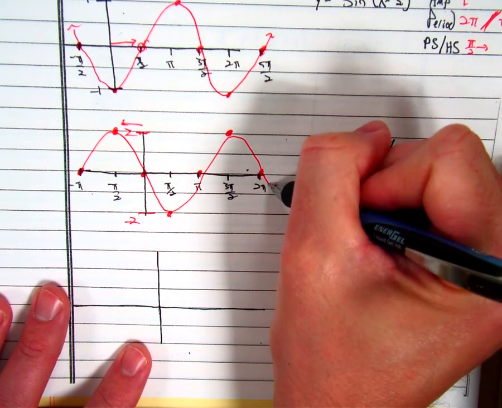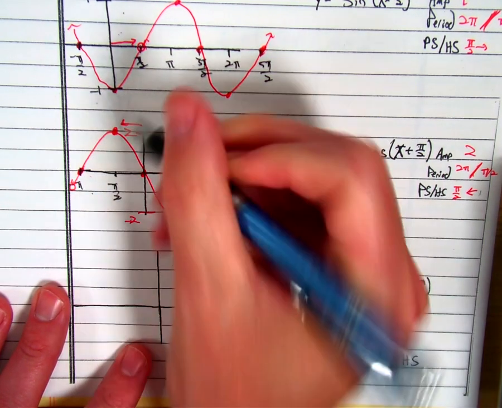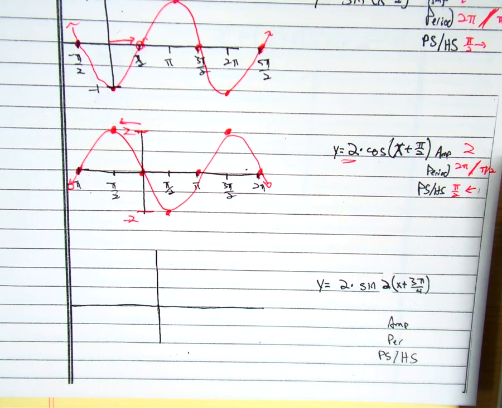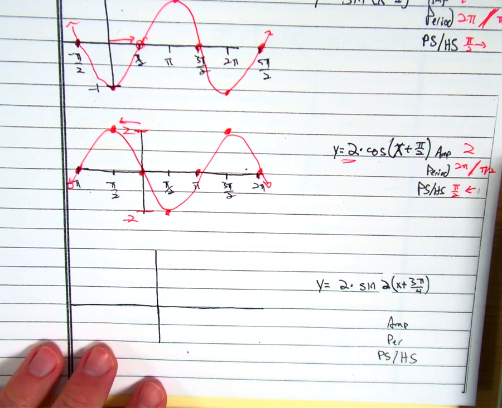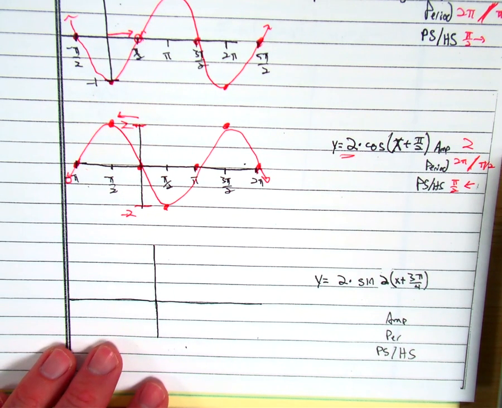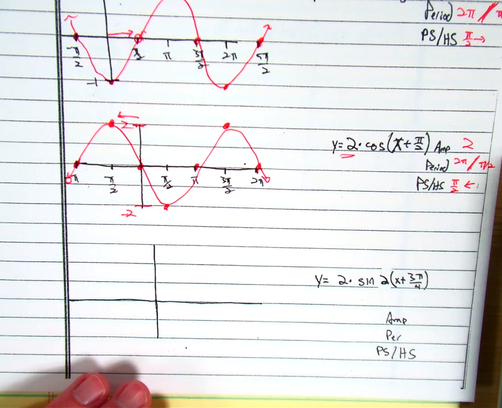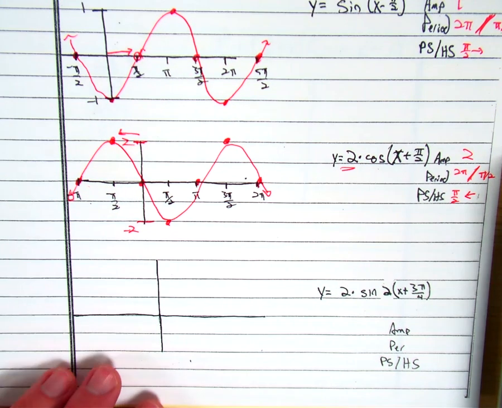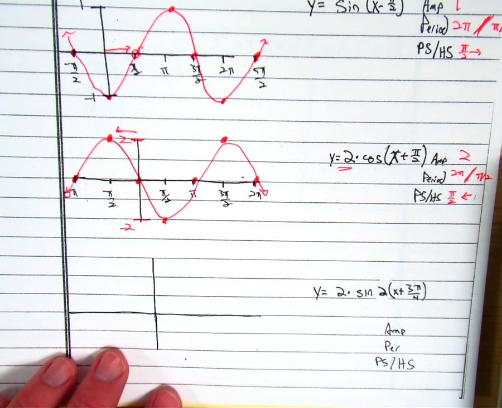Oh, I missed one. Okay. So there's our basic sine and cosine one with a little pi over 2 shift right and left.